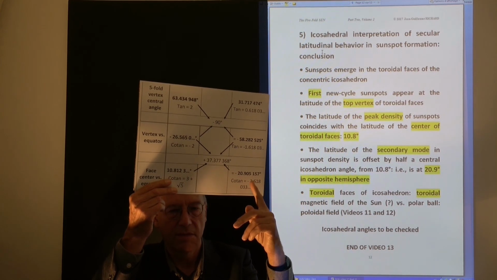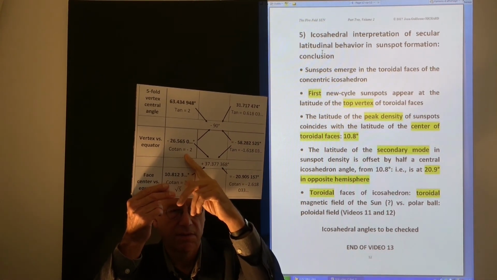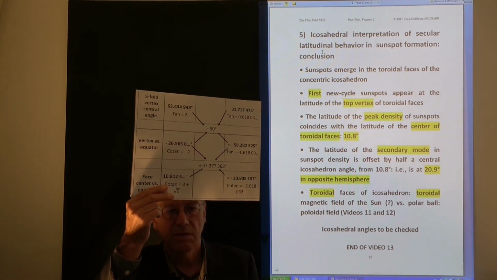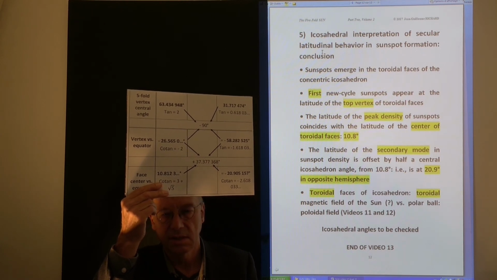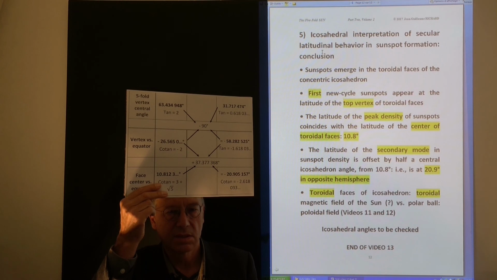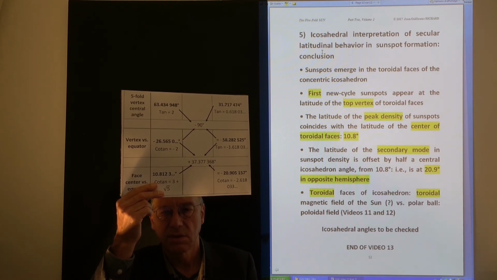This angle was found for the latitude of the first sunspots. So we have now a full set of icosahedral angles checked, which is consistent with the presumption of the relevance of fivefold symmetry to the actual constitution of the solar ball.